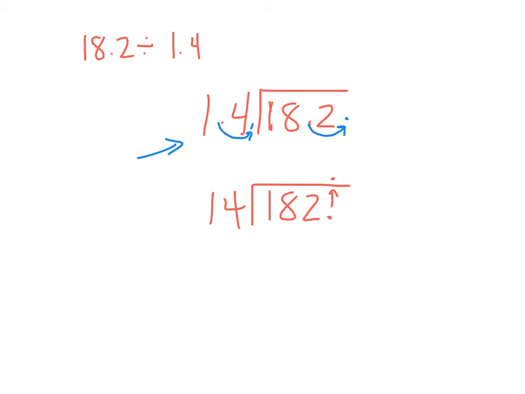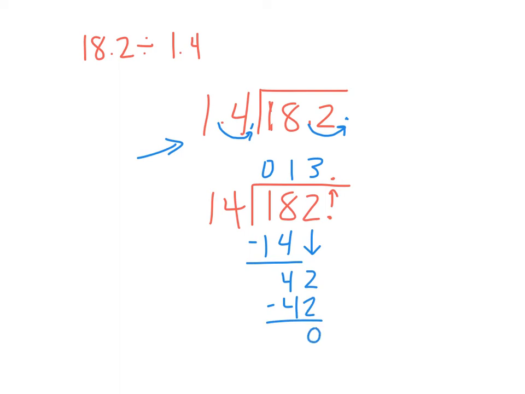So 14 goes into 1 0 times. 14 goes into 18 one time. 18 minus 14 gives me 4. Bring down my 2. 14 goes into 42 3 whole times. 14 times 3 is 42. 0. So I don't have any remainder.